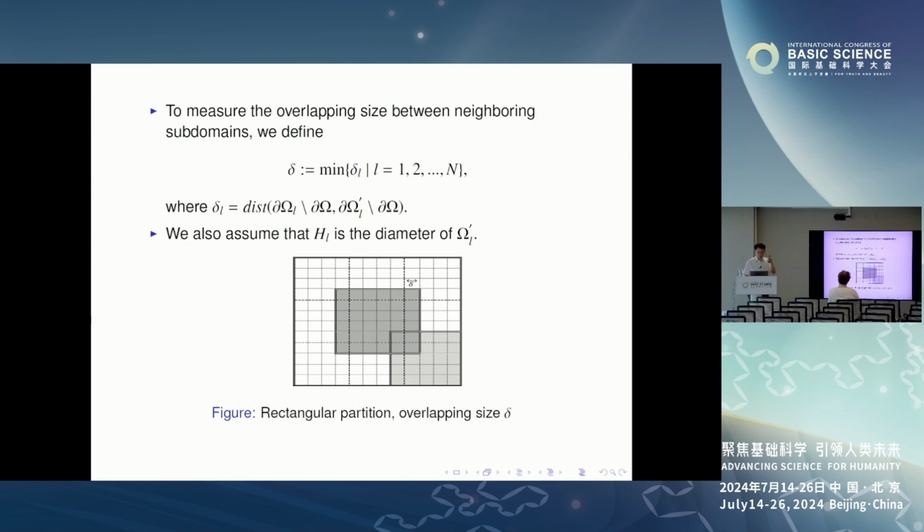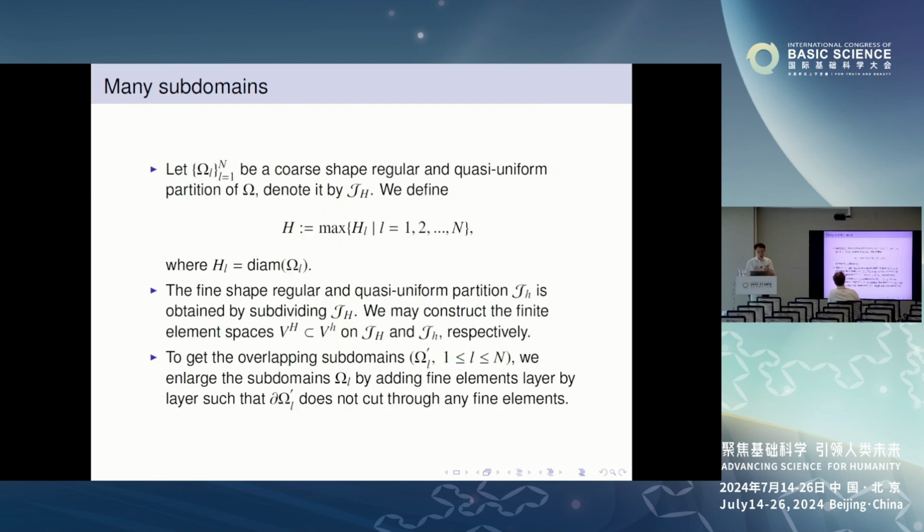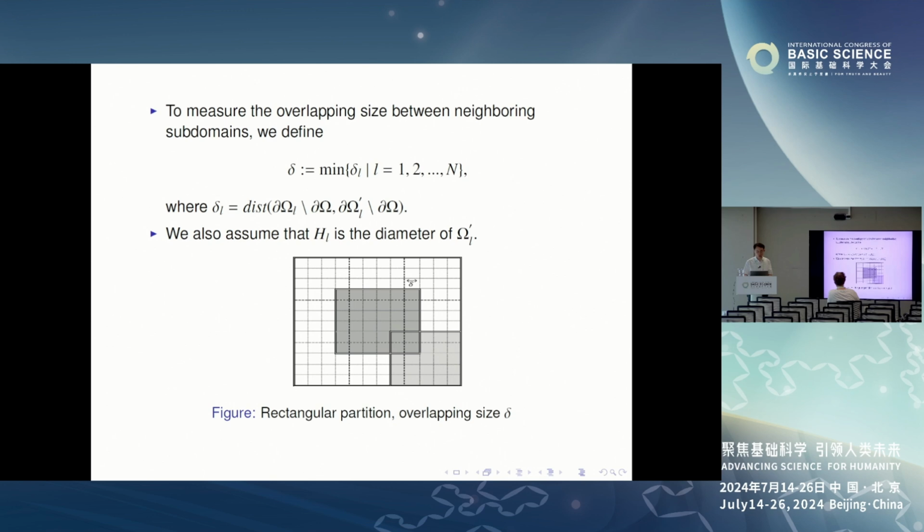You first do the coarse partition of Omega. We may define H l as the diameter of Omega l. And thus, this is the coarse partition. We would like to solve this equation. In this case, we should continue refinement.